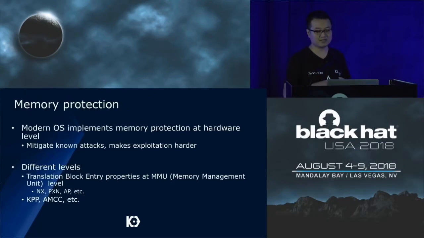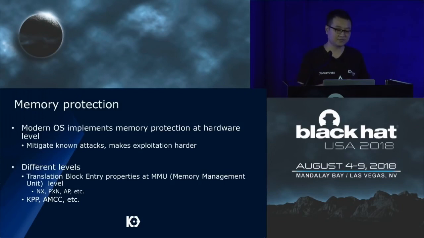Modern OSes actually implement memory protection at the hardware level to mitigate known attacks. They are introduced at different levels, for example, the translation table entry properties at the MMU level. In this part, we will introduce the NX, the non-executable bit, and also the PXN to prevent execution of userland code from the kernel side.